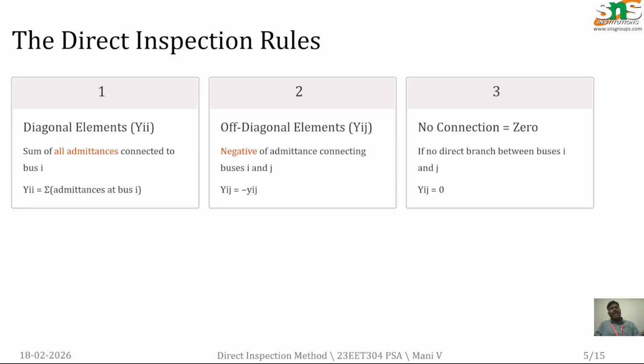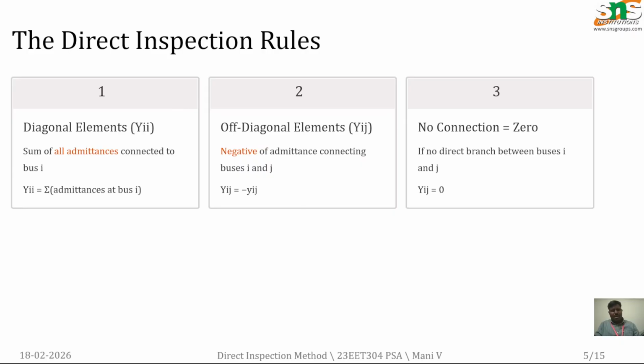Other than the diagonal elements, the off diagonal elements correspond to the branches between bus 1 and 2, 2 and 3, 3 and 4, and 4 and 1, etc. Here it is the negative of the admittance connecting the two buses. So we note down the admittance between the two buses and make a sign change.